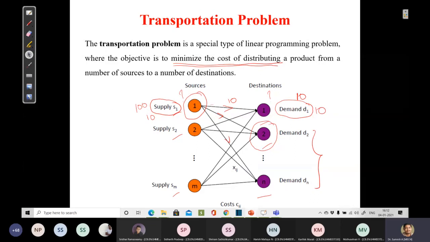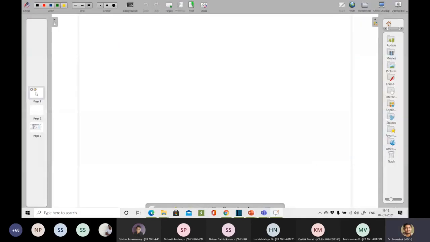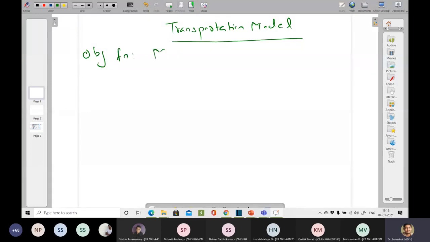Okay, so I can straight away write that. The transportation model: always your objective function is to minimize cost.